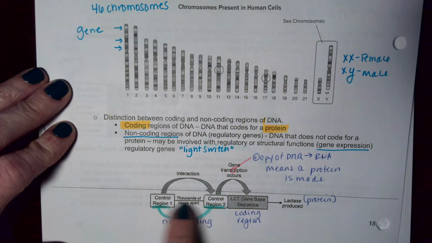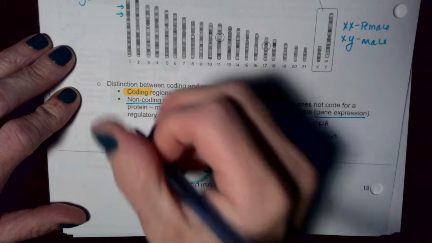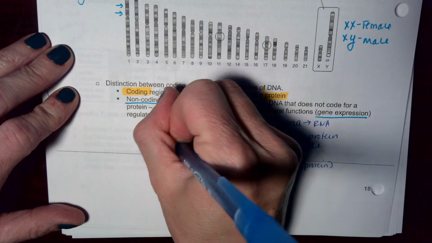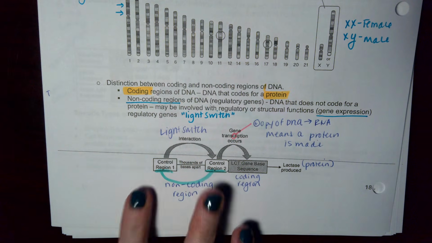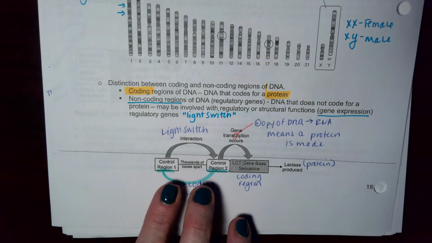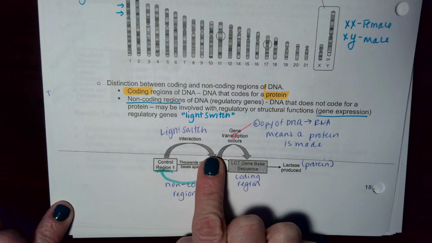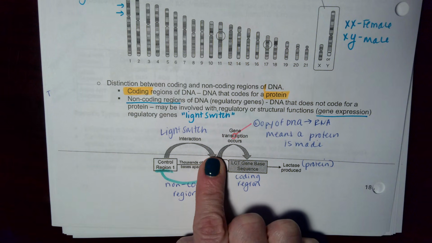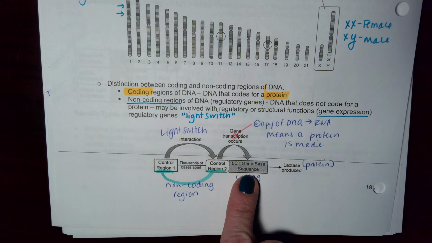When these two interact, this is going to be like my light switch for this example. So when these two interact, it then turns on this gene. If one of these regions is messed up, has a mutation, they don't interact properly, then this does not get turned on.